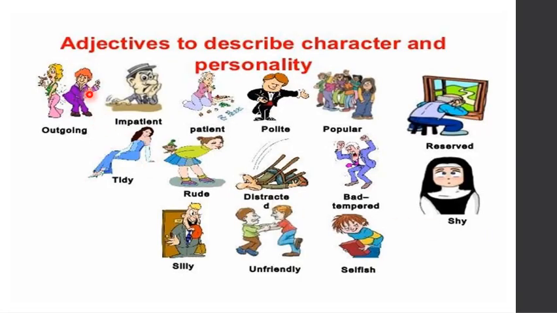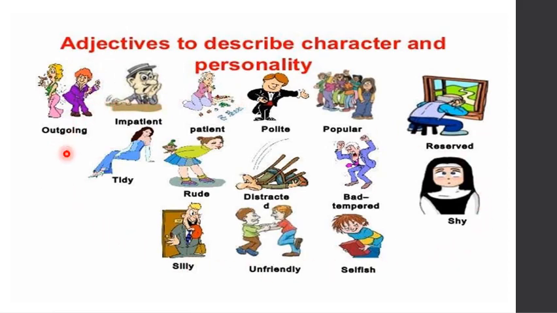Okay. So describing people's personality or character is usually done with an adjective. Okay. So you have to think of any adjectives that could describe the people's personality or character. Okay, let's observe this picture.